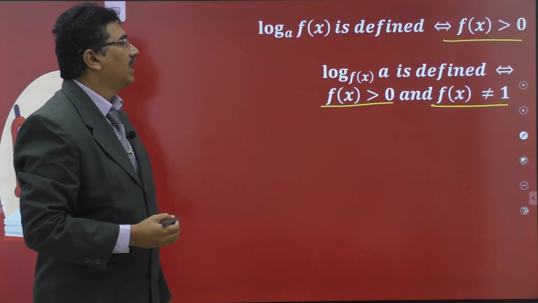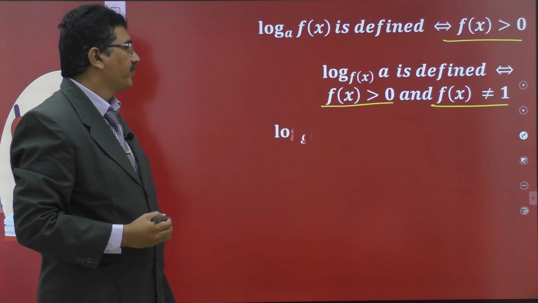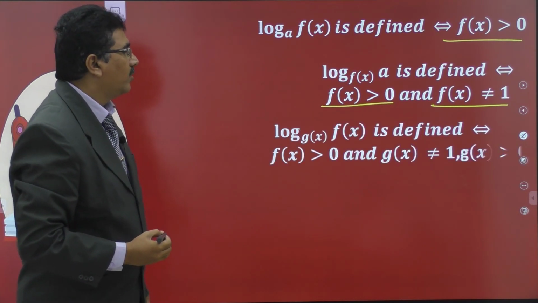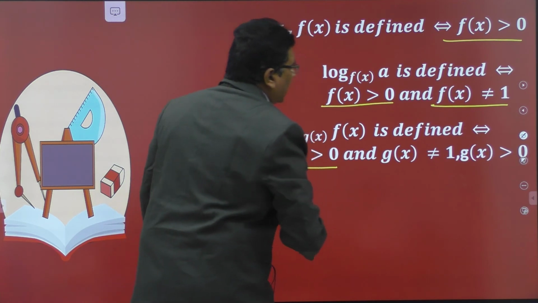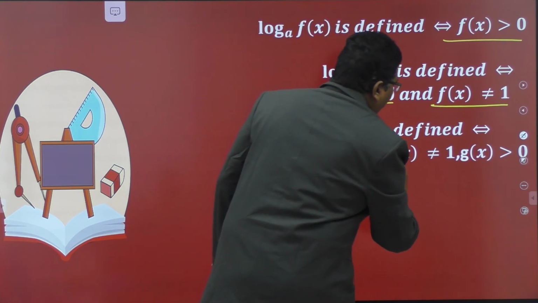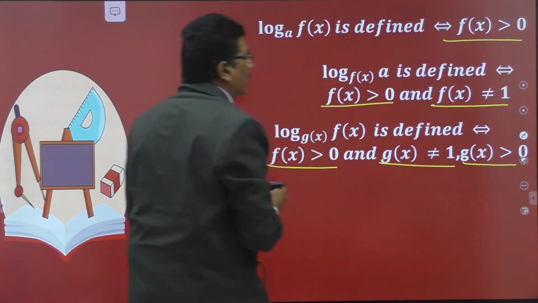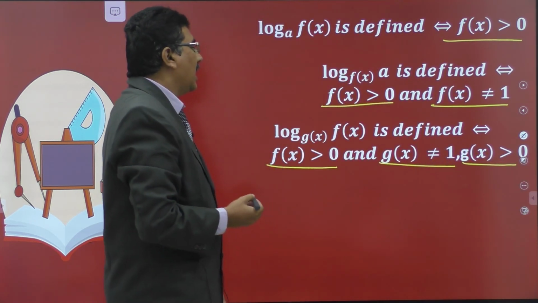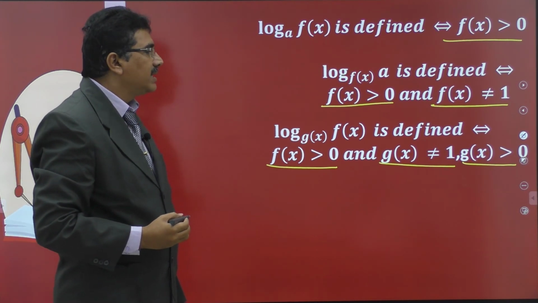Here also a is greater than 0. Now, if f of x greater than 0 and g of x not equal to 1, g of x greater than 0, in this case log f of x base g of x is defined.